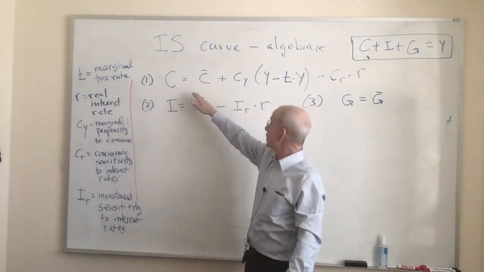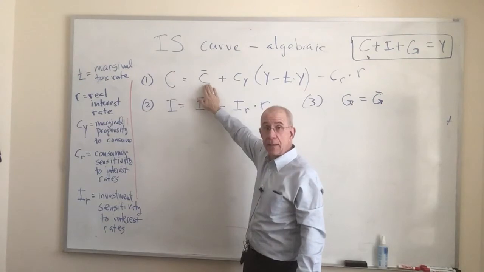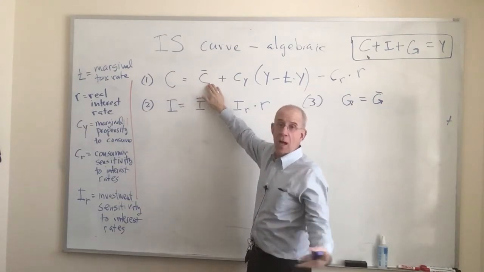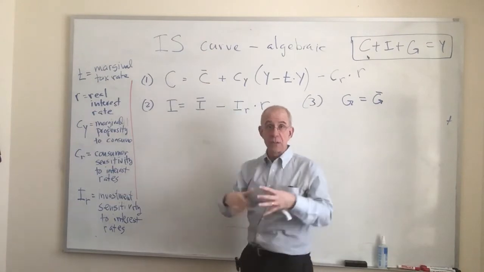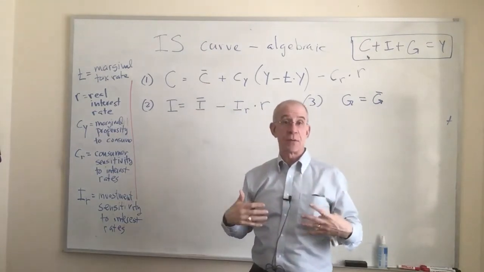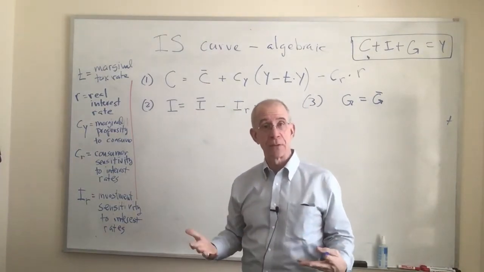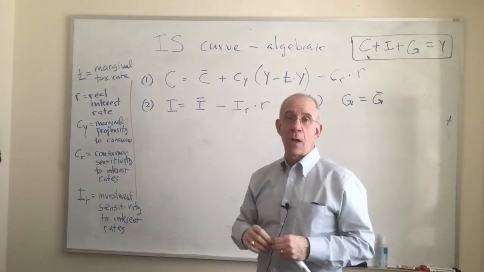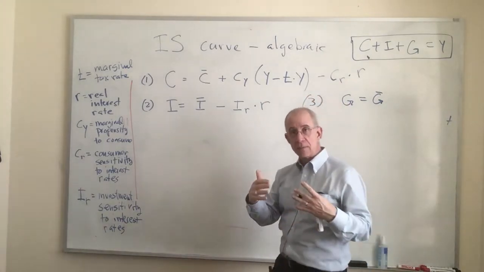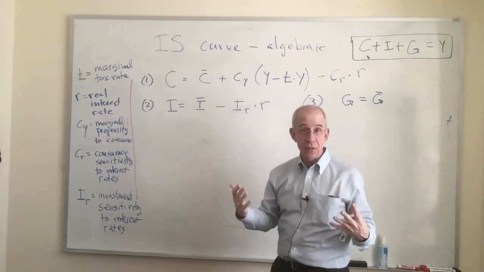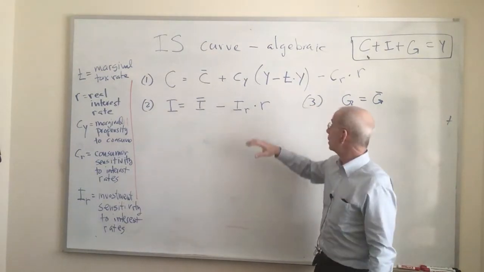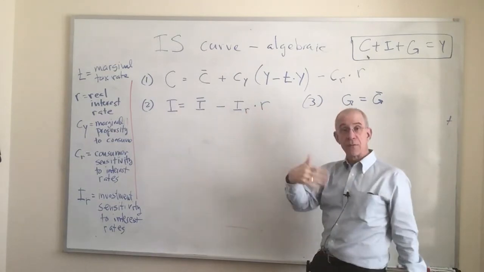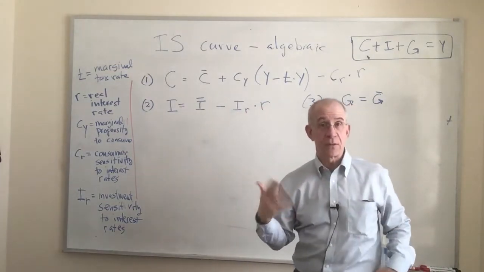With the consumption function, we have an autonomous level of consumption that's represented by C bar, which is going to be used to represent, for example, consumer sentiment about the future. Changes in optimism or pessimism will change the consumption that consumers decide to undertake, regardless of the national income or interest rates or anything else.